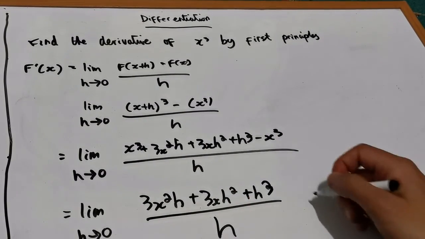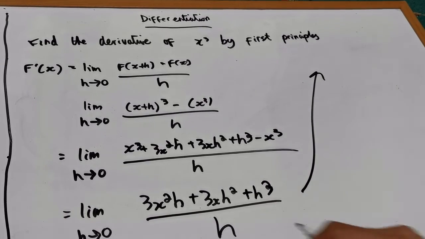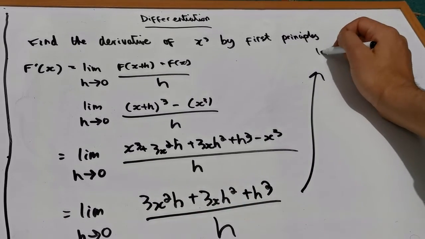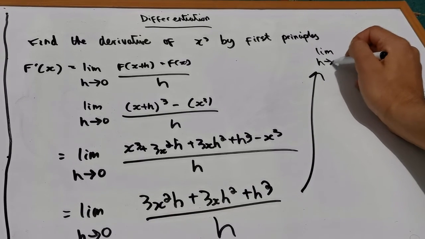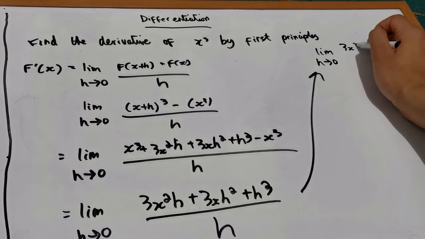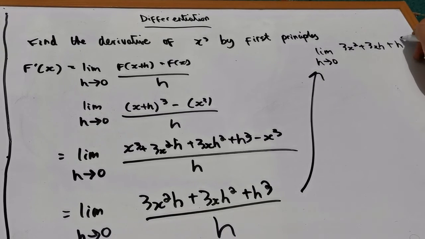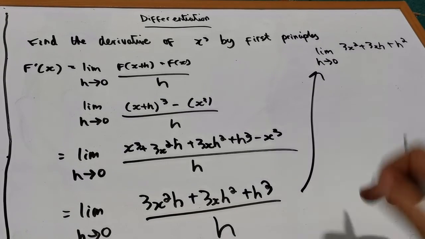And now, if you go up here, the h just divides through, and you're left with the limit as h approaches 0 of 3x squared, add 3xh, add h squared. And now this is the good bit.